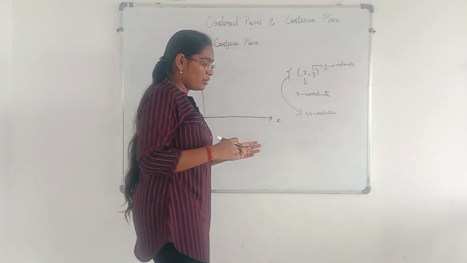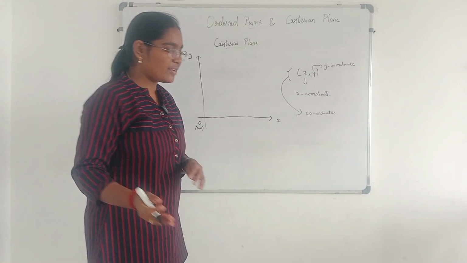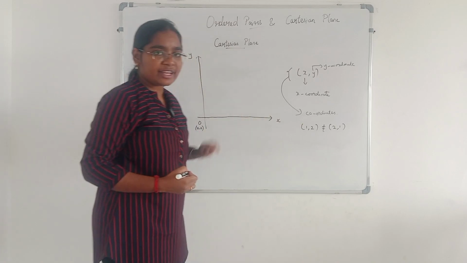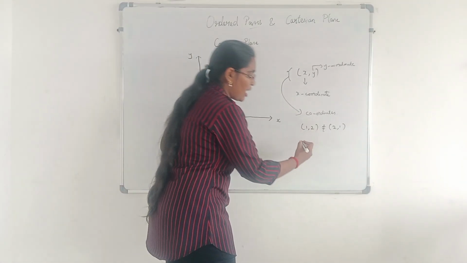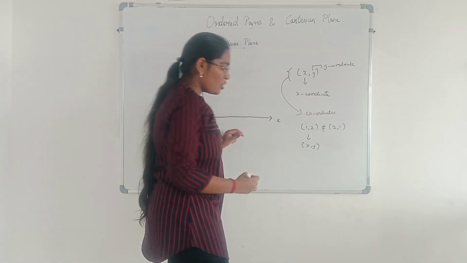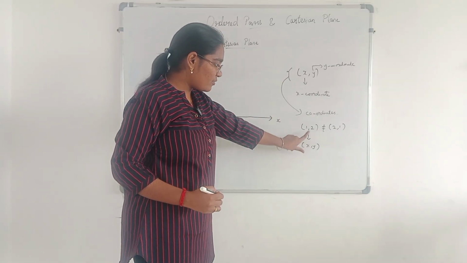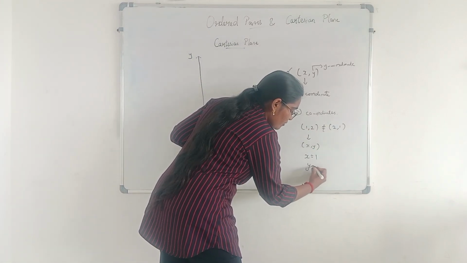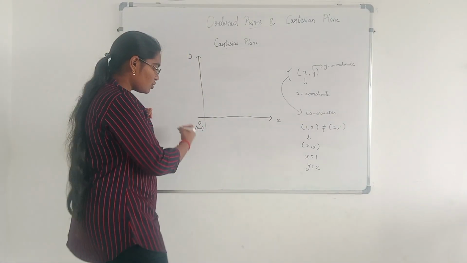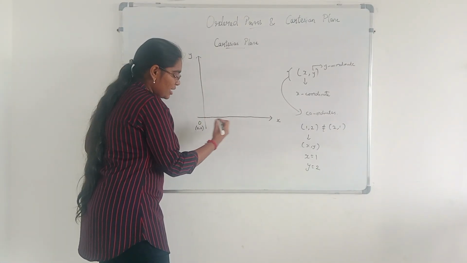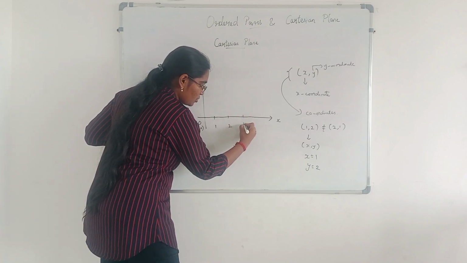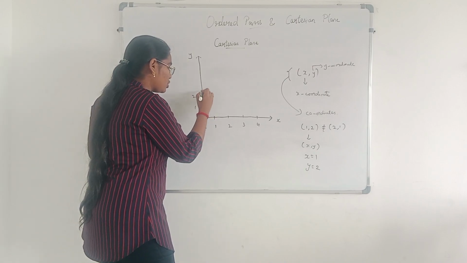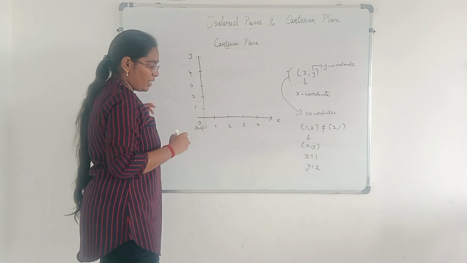In the previous ordered pair definition we saw that 1, 2 is not equal to 2, 1. Here we can verify that. 1, 2 means, in the Cartesian plane x, y, the value of x is 1 and the value of y is 2. In the Cartesian plane we mark the numbers 1, 2, 3, 4 and so on on the x-axis, and 1, 2, 3, 4 and so on on the y-axis.